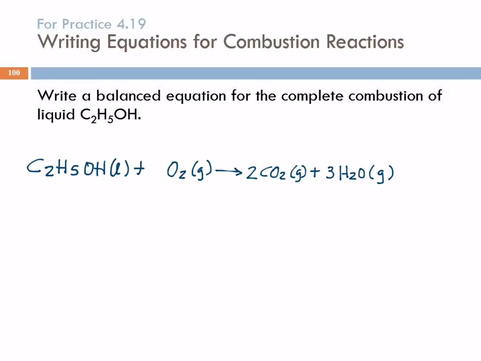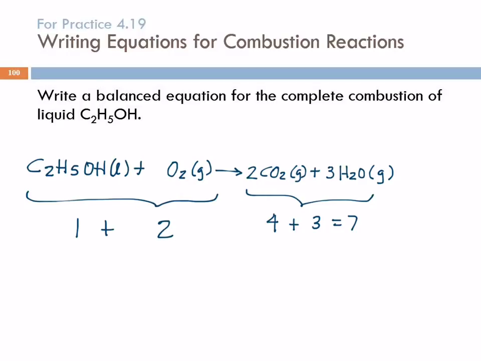Now I need to look at those oxygens. On the right side, I've got 4 oxygens in the first one and 3 in the second, so a total of 7 oxygens over there. On this side, I have 1 oxygen, and then I have 2 oxygens there.